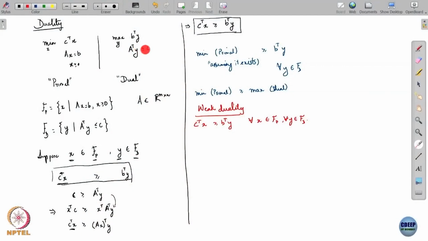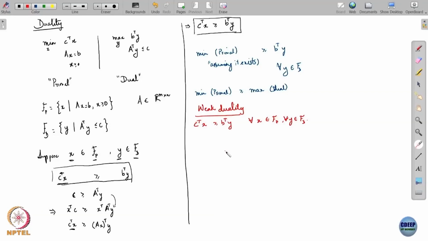It is not a flip of this. It is not like you are taking a reflection of the objective of one to get to the other. These are two problems written on two separate spaces. So, you are not flipping one to get the other. There is a specific way in which they have been crafted, which gets you to weak duality.